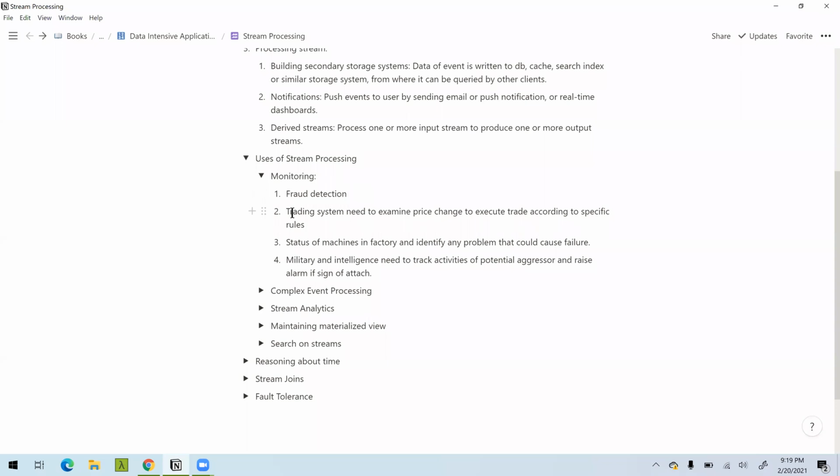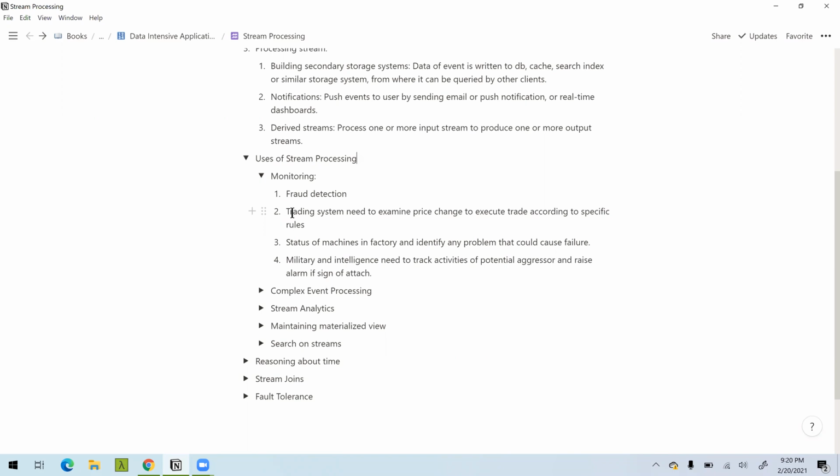Another example is in a trading system, where generally people would create some rules that whenever the value of a stock drops below a particular value, then it should execute the trade, it should actually sell the stock, right?